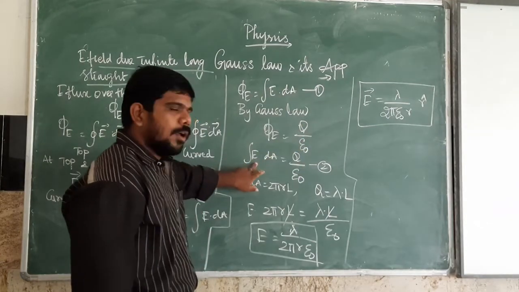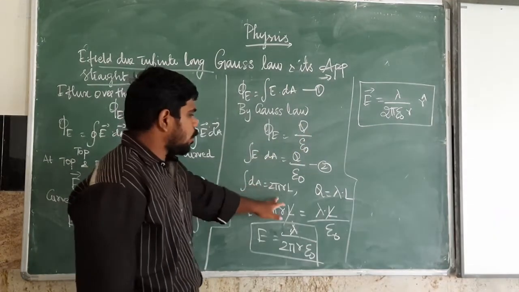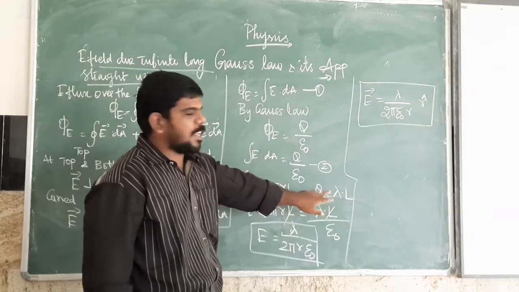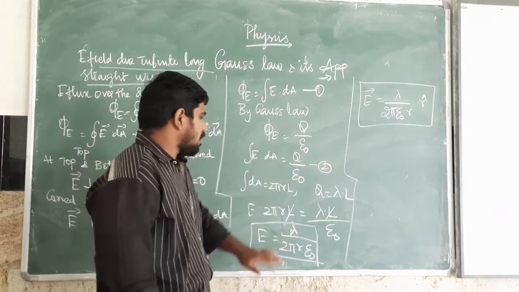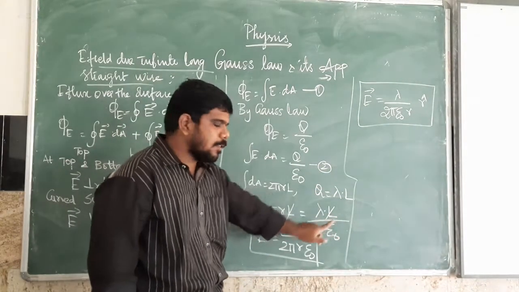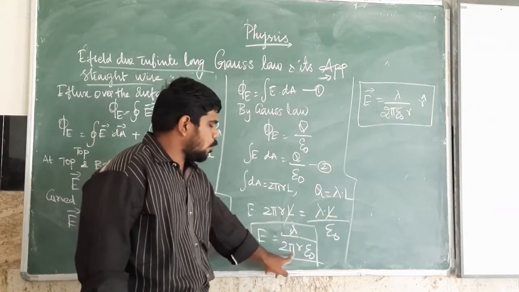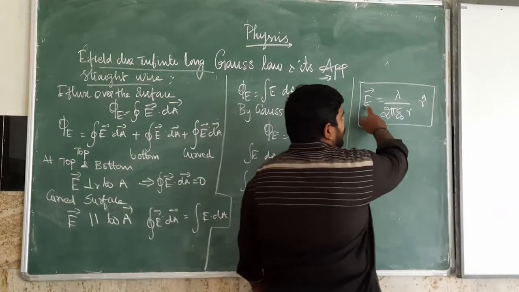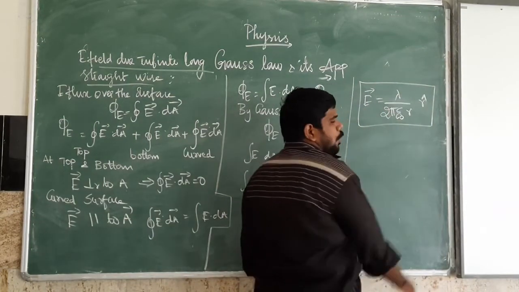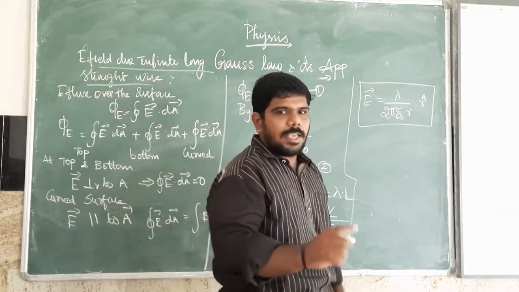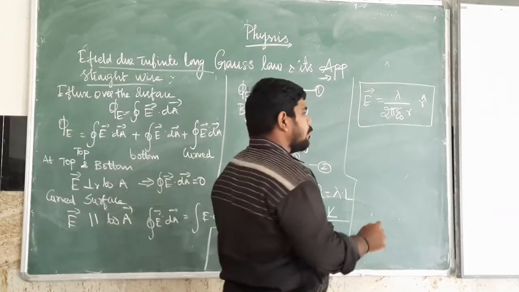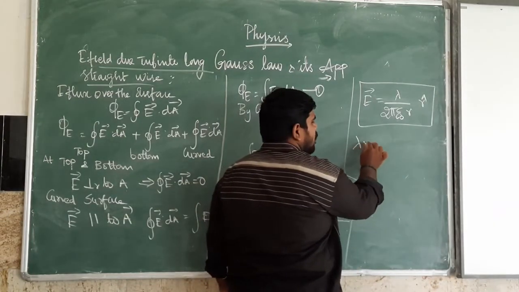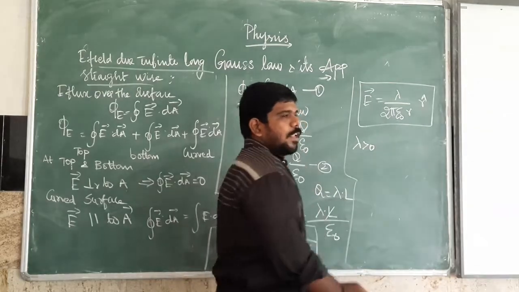Then the integral of dA is equal to 2 pi r L, and the charge enclosed Q is equal to lambda into L. L cancels, so E is equal to lambda by 2 pi r epsilon 0. In vector form, E vector is equal to lambda by 2 pi epsilon 0 r times r cap. Here, one important point: if the charge density lambda is greater than 0.